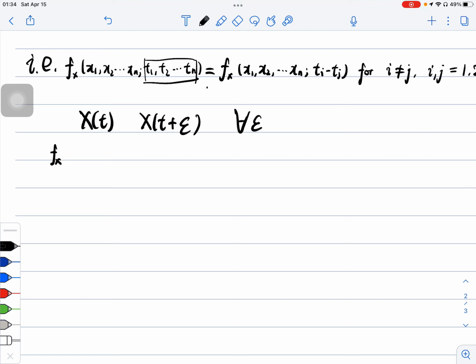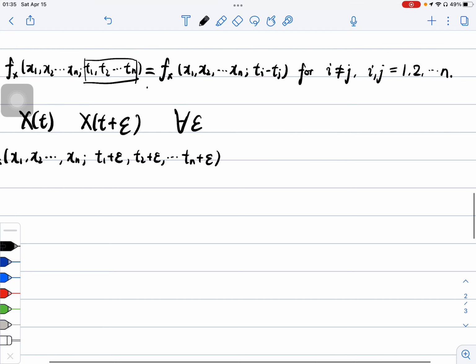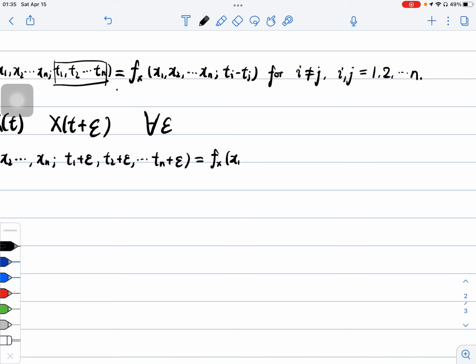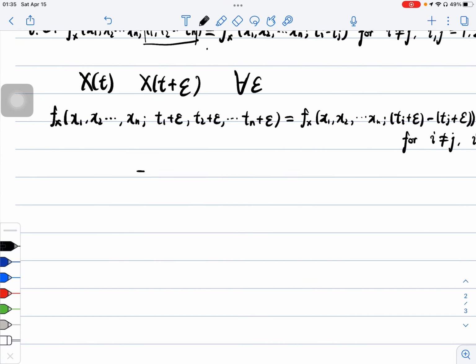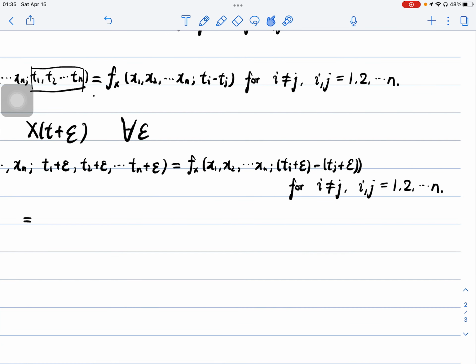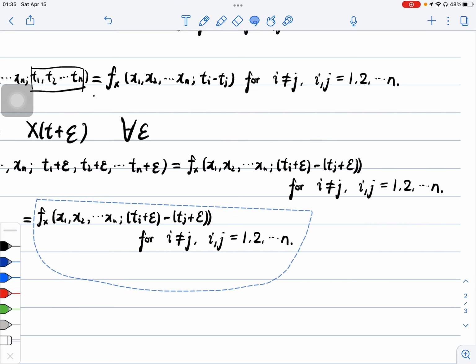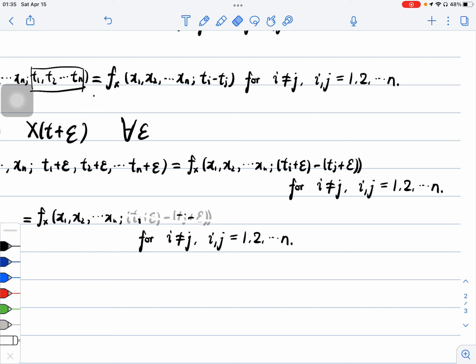So now we want to know, when t turns to t1 plus epsilon until tn plus epsilon, it equals to (ti plus epsilon) minus (tj plus epsilon) for this definition, which means that we can simplify this part into ti minus tj.